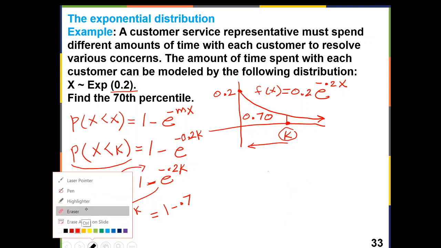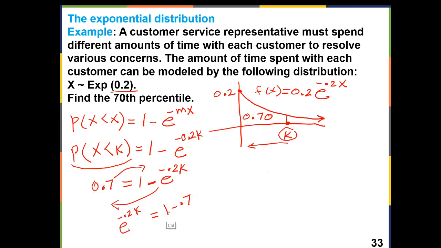So what is this? This is just e to negative 0.2k equals 0.3. So if you take ln of both sides, I'm not even going to write ln on this side. I'm just going to write negative 0.2k, this is k, equals ln 0.3, like that.